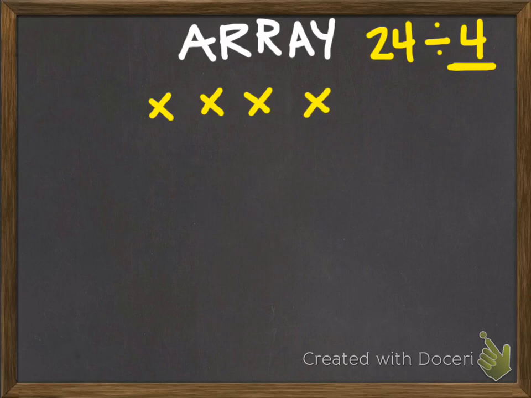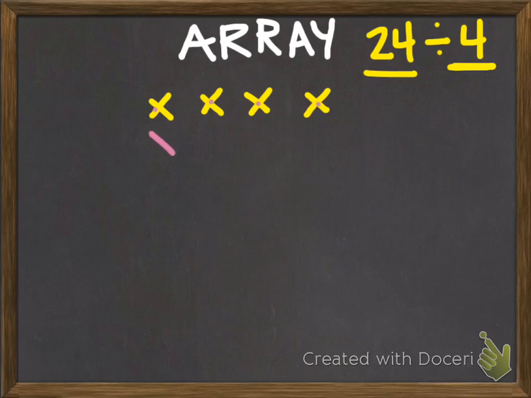Okay, great. Now, what I want to do is keep building my array in these 4 columns until I get to 24. Okay, so let's get started. I already have 1, 2, 3, 4.